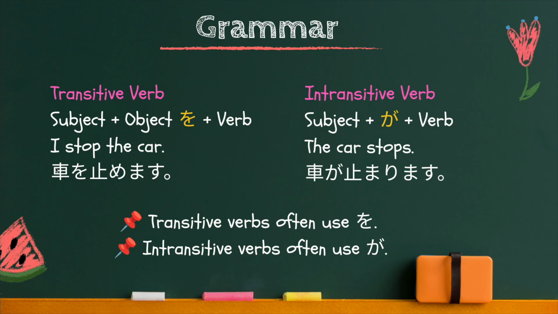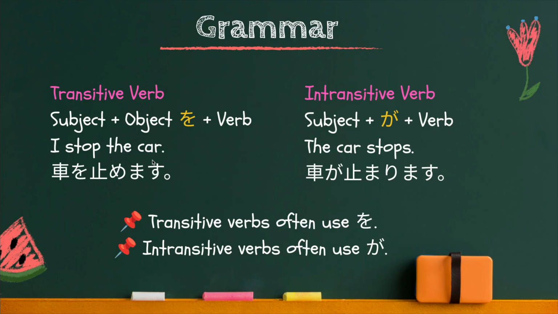The subject is omitted in this case. But subject is 私は. So 私は車を止めます. 止めます is the transitive verb. Therefore, it takes O particle. It focuses on the person who stops the car, in this case, 私.